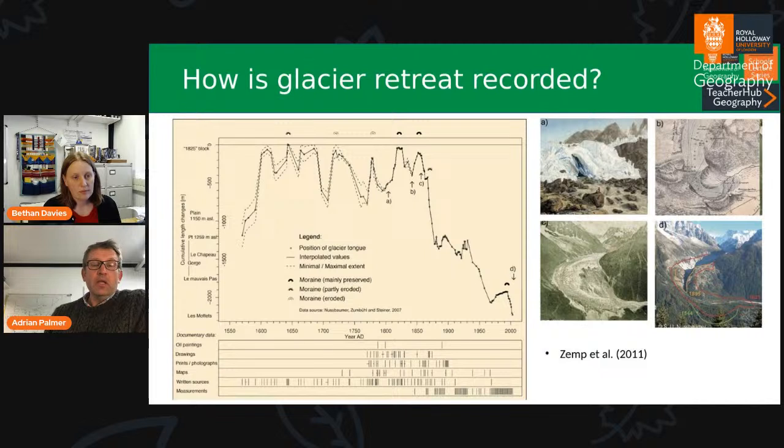You get lovely examples also of these end moraines extending up the valley sides as lateral moraines. You can also use other suites of glacial landforms, depositional landforms as well as erosional landforms, in order to pinpoint where the ice margin was.